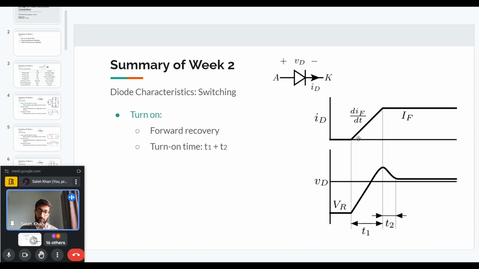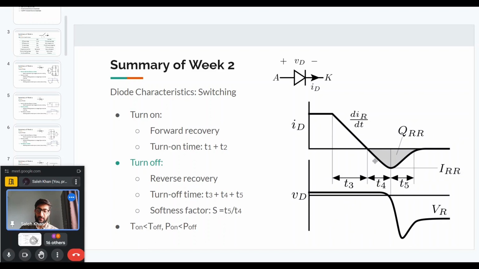So that is why, in terms of the switching characteristics of the diode, what we mostly talk about is the turn off process, because the energy that is lost and the currents and the voltages that we get are more significant in the turn off process. In the turn off process, what happens is something called reverse recovery.